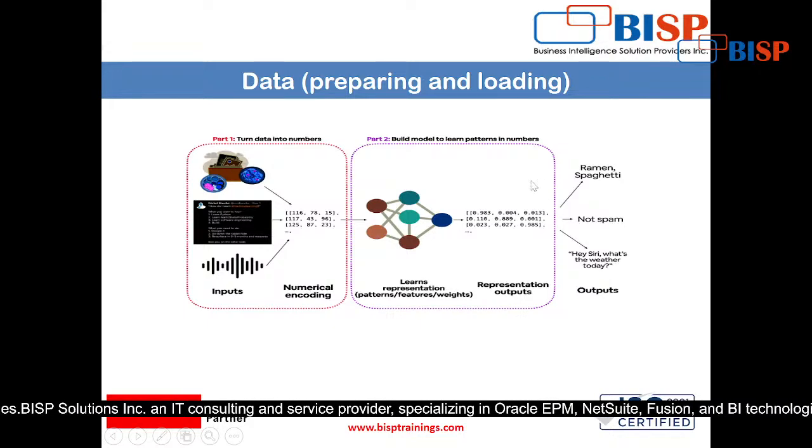For example, if you input these two images, ramen and spaghetti, first they will be converted into a matrix, that is the tensor, and then with the help of a model that we are going to learn very soon, that model converts that data into output. If it's an image, it will give you the output of ramen or spaghetti.